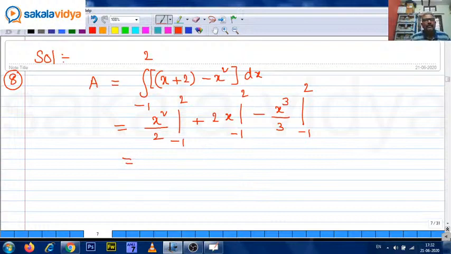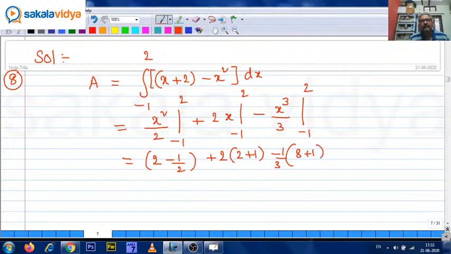This equals 2 square, 4 by 2 is 2, minus 1 by 2, plus 2 times 2, minus of minus plus 1. This is minus of 1 by 3 common here, 2 cube is 8 plus 1.